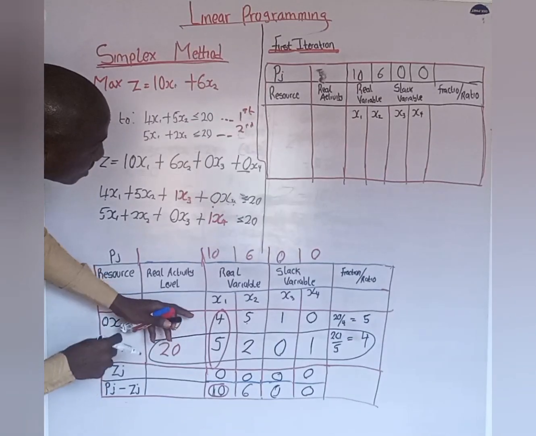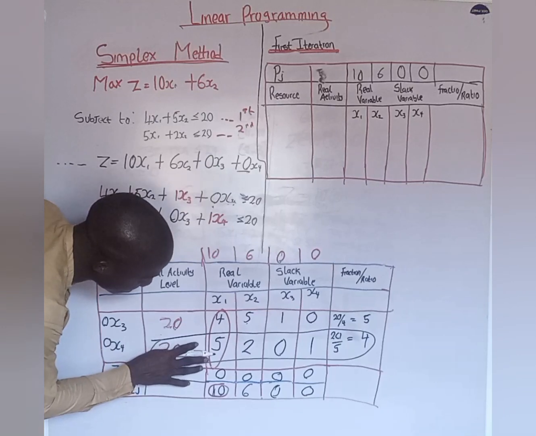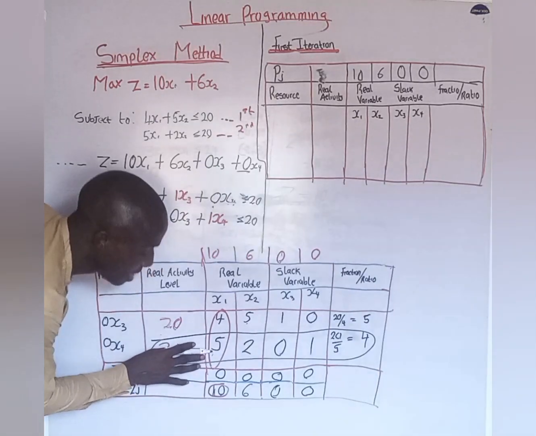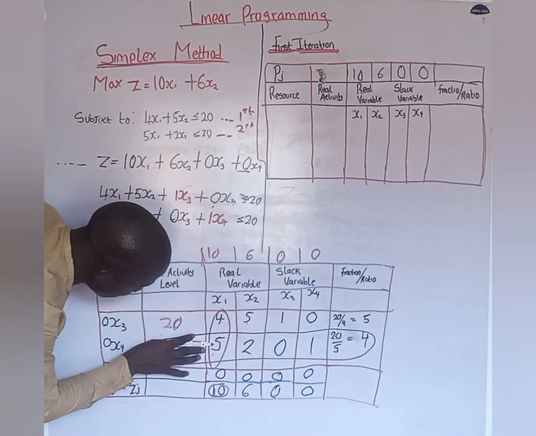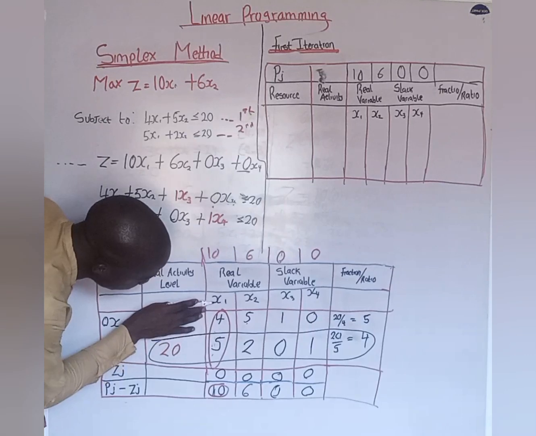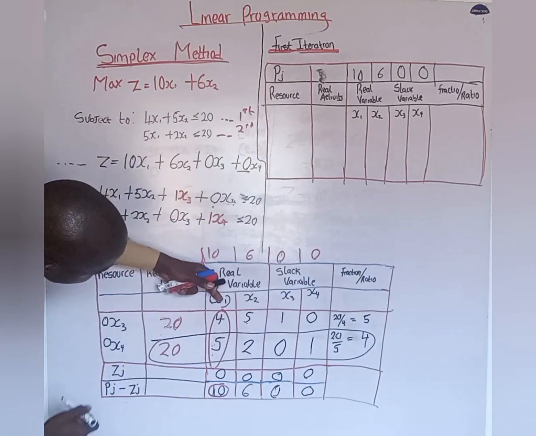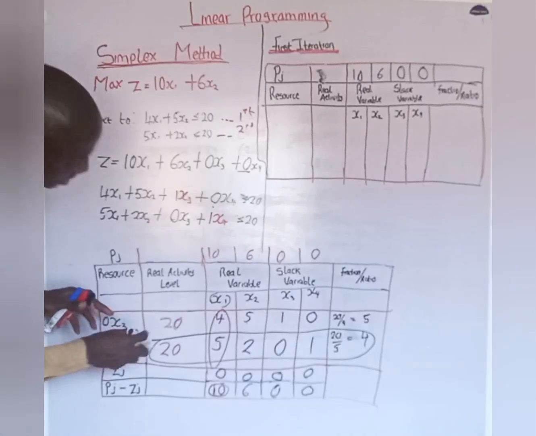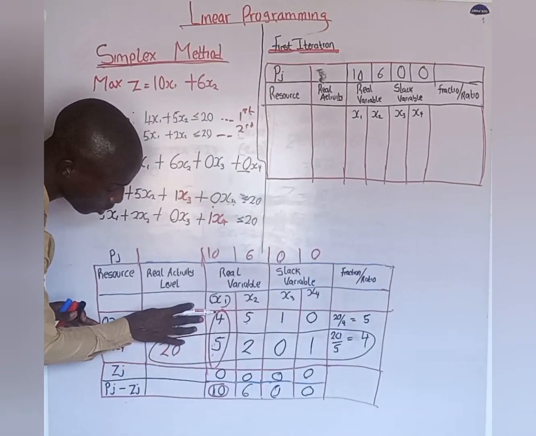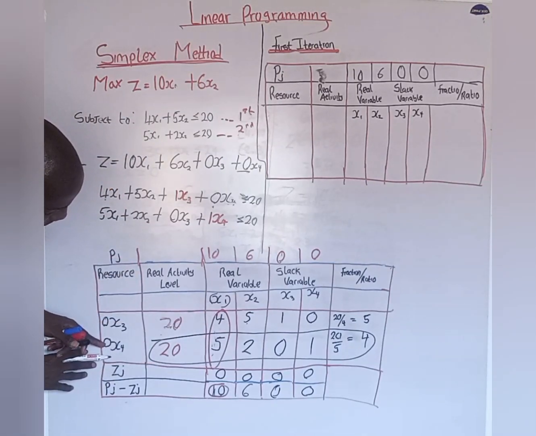Now I want you to pay attention here. If you look at this, this is my key element. The key element is 5. So I will have to trace this 5. If I trace this 5 to the top, this is the real variable that is there. I'm going to be interchanging this real variable with the corresponding slack variable.